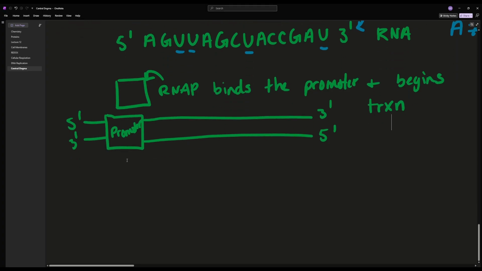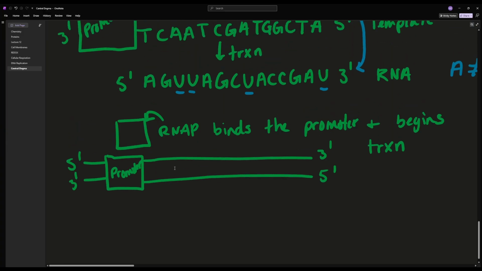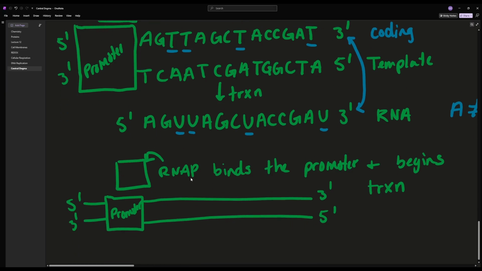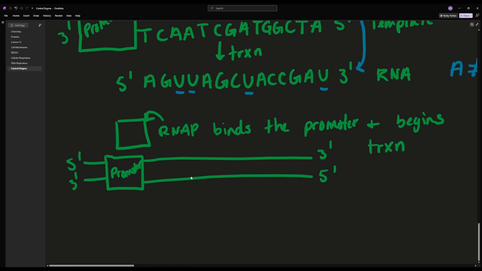Okay. Now, if we compare this to DNA replication, in order for DNA polymerase to replicate the genome, well, we had to unzip the strands. We had to have a primer. We had to have all these things in order to maintain the very, very high fidelity of DNA replication.